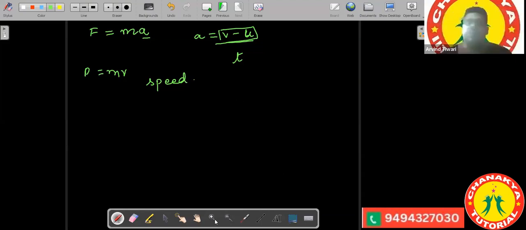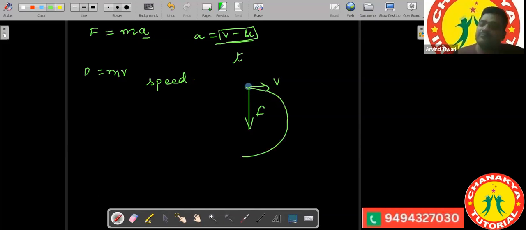In class 9th, you have studied that if an object is moving with some velocity v, and there is a force which is always acting perpendicular to it, this will only change the direction and not the speed, and therefore it will make the charge go in a circle.